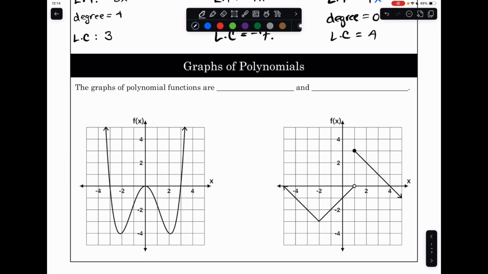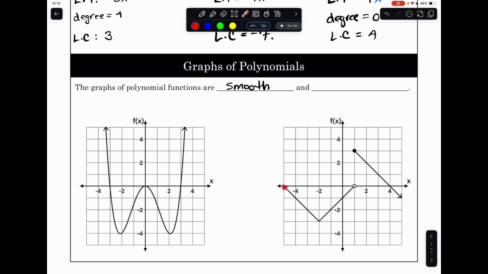The graph of a polynomial has to be smooth, which means that I should be able to trace over the graph, and every time I change direction, it makes a smooth curve, like this right here. This point down here changes from going down to going up by using a curve. The same thing up here, you change from going up to going down using a smooth curve, and the same thing down here. So as long as the graph is smooth, then it's going to be a polynomial.